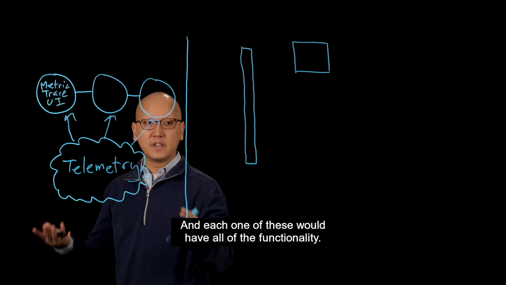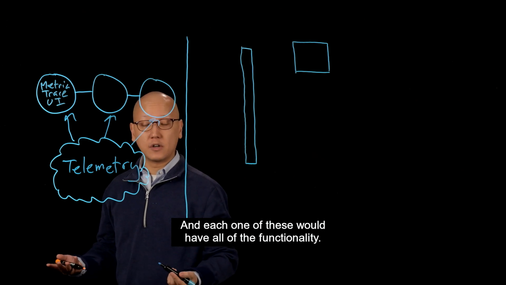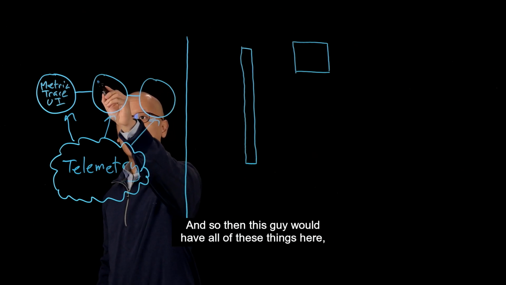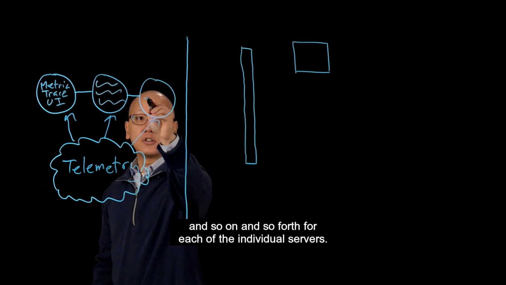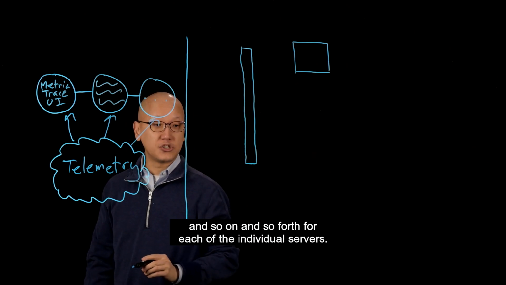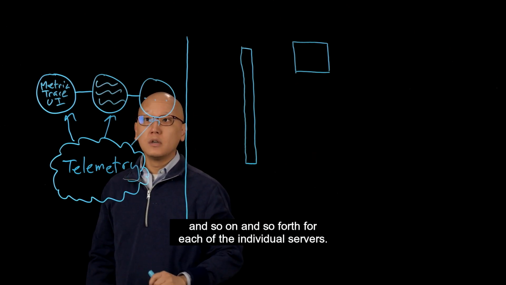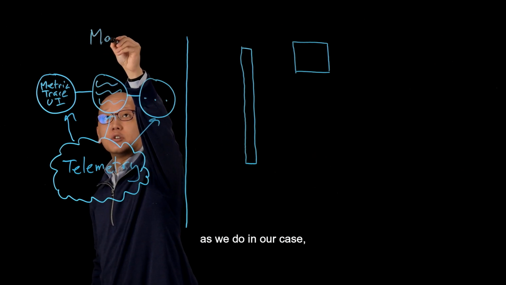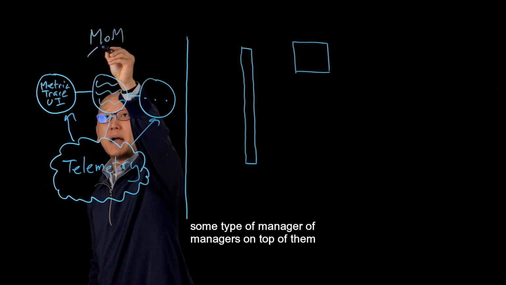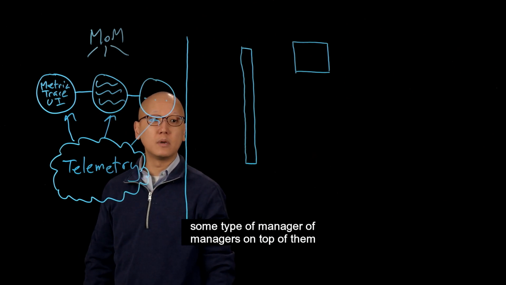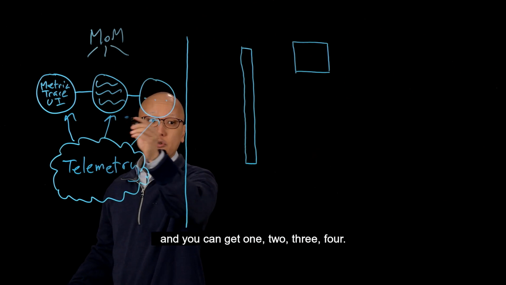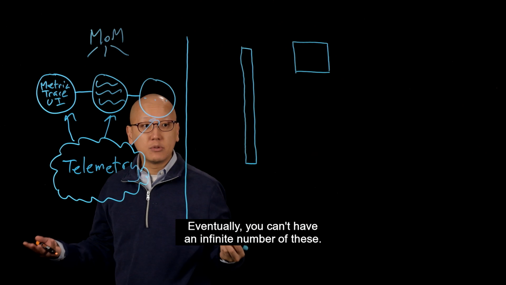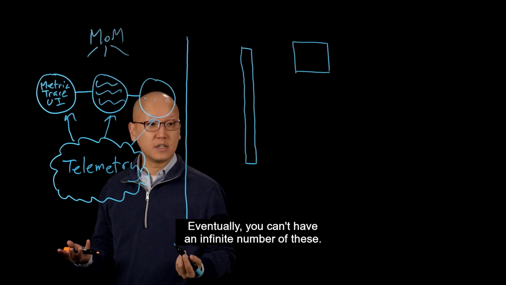And each one of these would have all of the functionality, and so on and so forth for each of the individual servers. These types of monolithic servers oftentimes may have, as we do in our case, some type of manager of managers on top of them. And you can get 1, 2, 3, 4. Eventually, you can't have an infinite number of these.